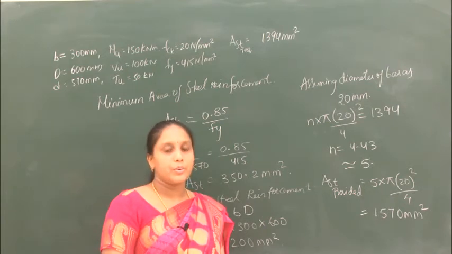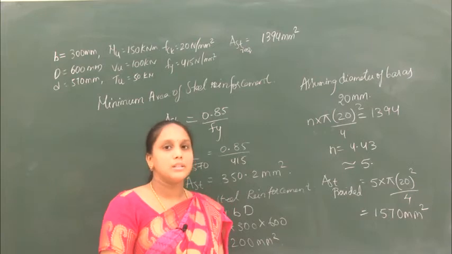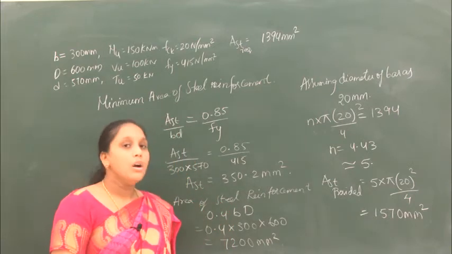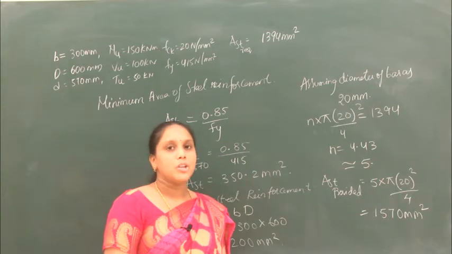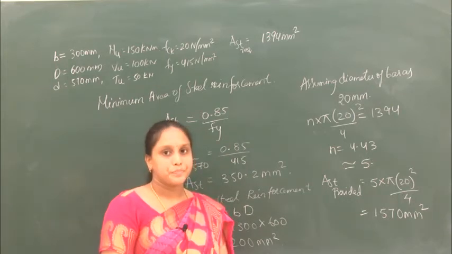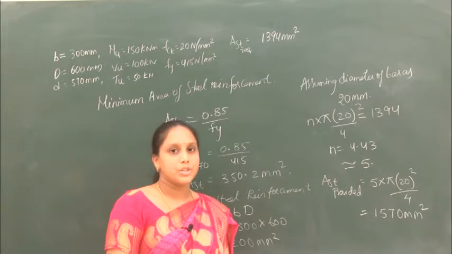as a longitudinal reinforcement. As it is a singly reinforced beam, a nominal dia of bar, or nominal bars, has to be provided in the top, that is the compression zone, also.